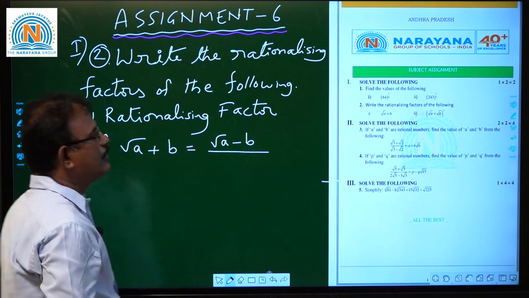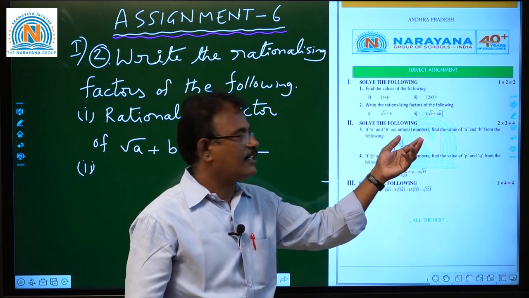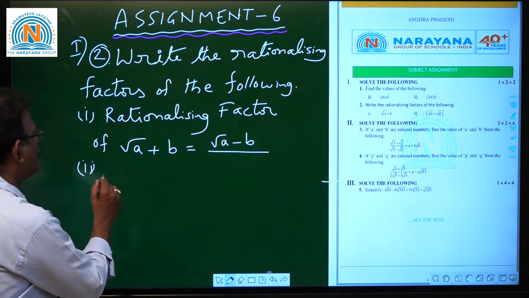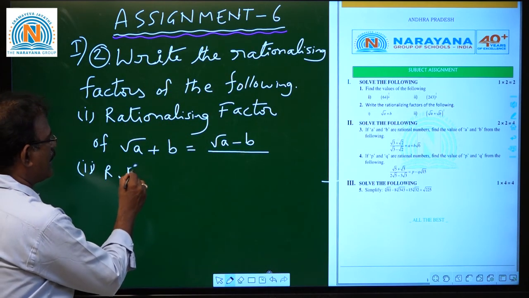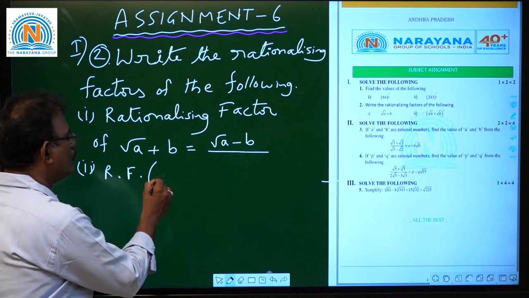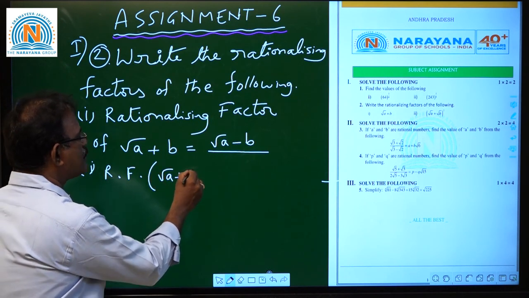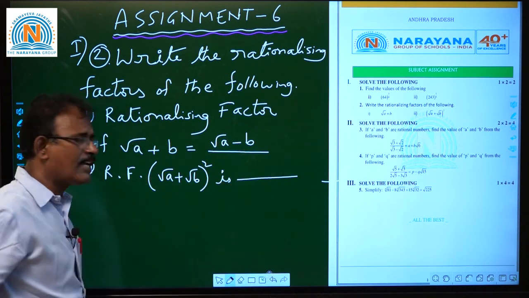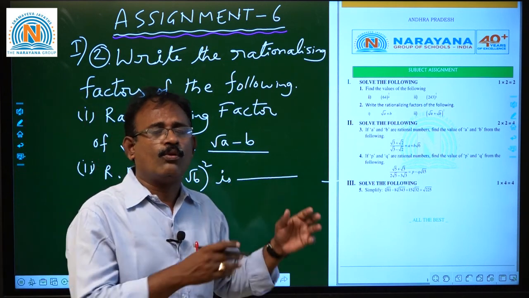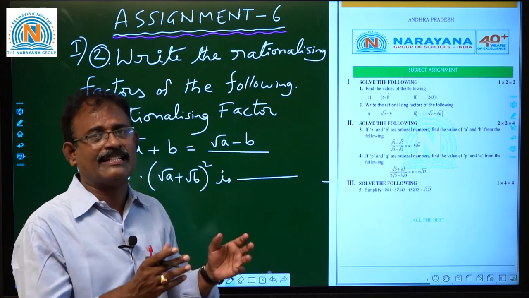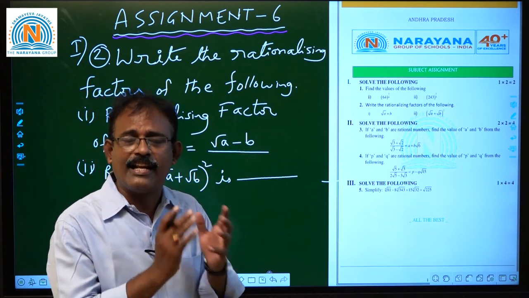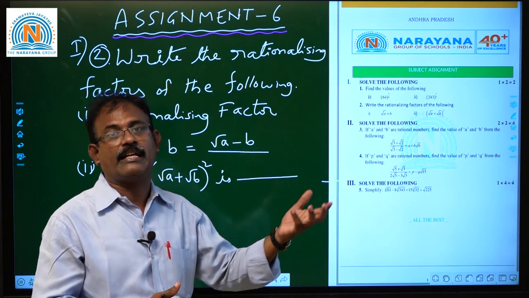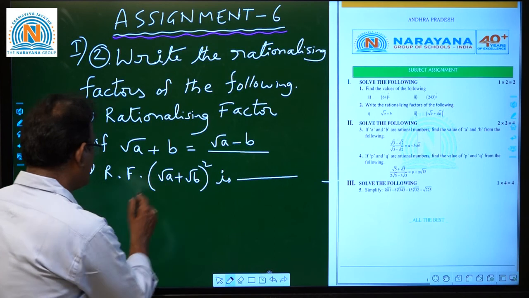And the second one of the second Roman, children: what is the rationalizing factor of (root a plus root b) whole square? Our ultimate concept is that (root a plus root b) whole square is considered as an irrational number, so it is multiplied by which one to make the product rational?